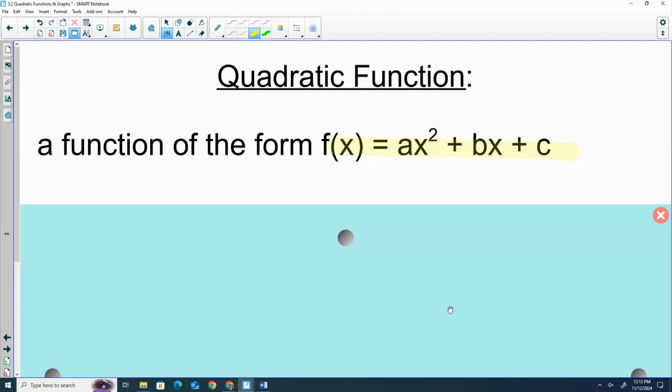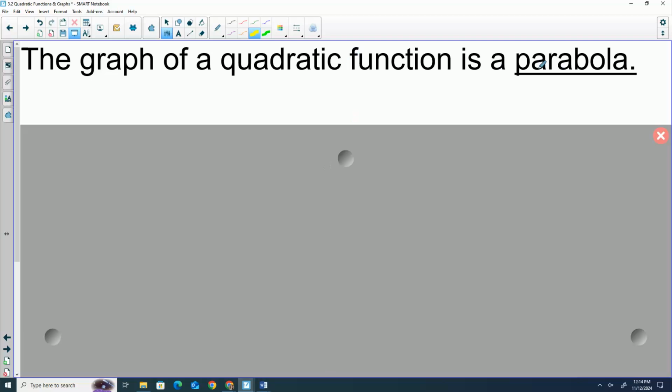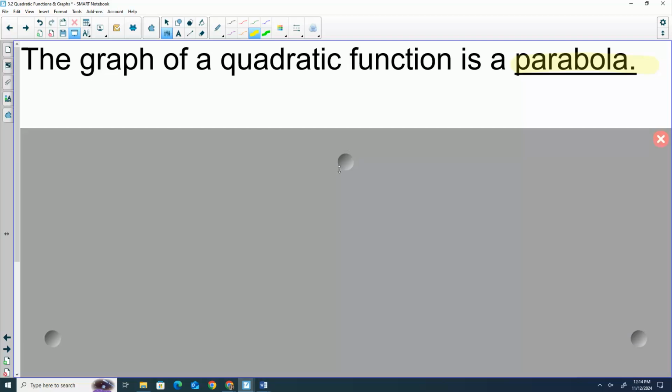So that first box, you are just filling in the blank there. And when we graph these, what do they look like? Right, we already looked at the basic y equals x squared on the last test. So the graph is a parabola. And when we're looking at our parabolas, we have two options.